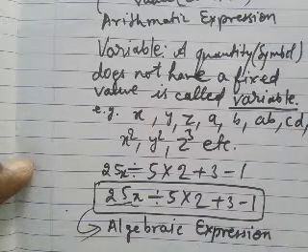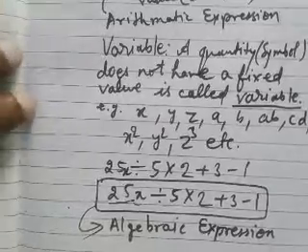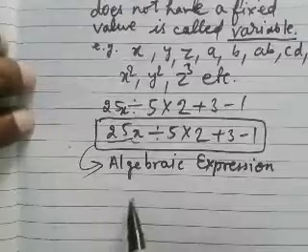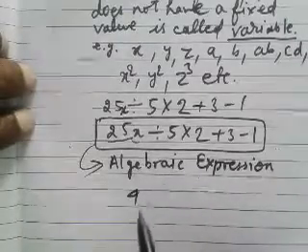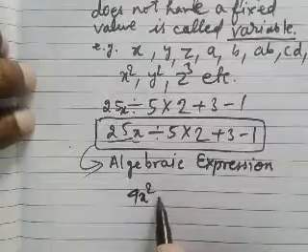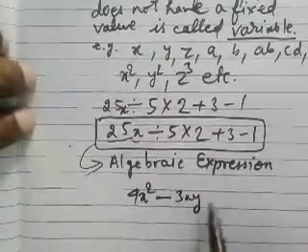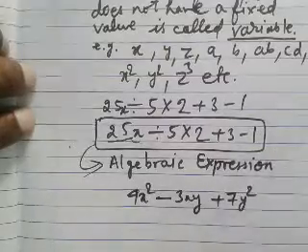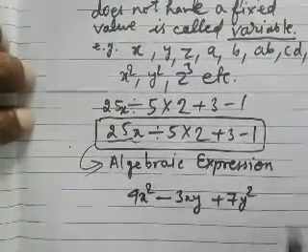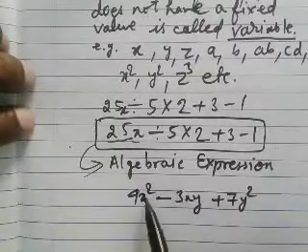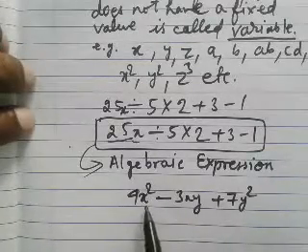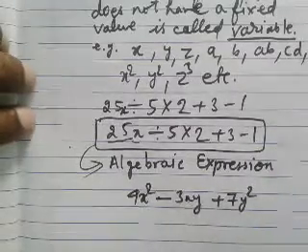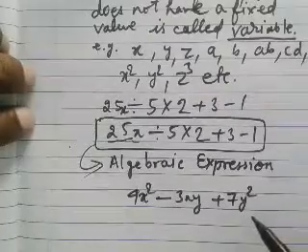Suppose that an algebraic expression is given: 4x square minus 3xy plus 7y square. In this algebraic expression, there are variables like x multiplied by x, so we can say x square, x and y, and y square.